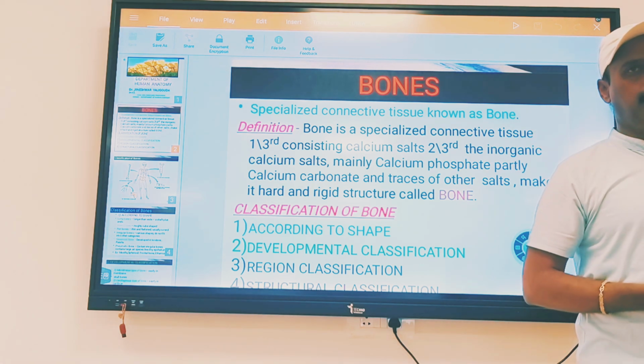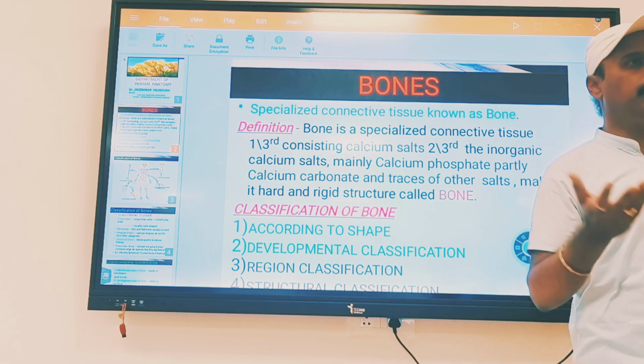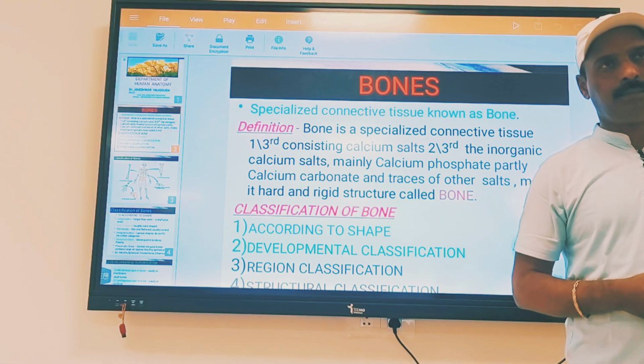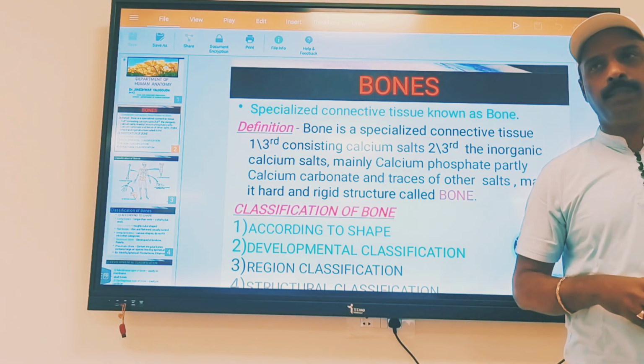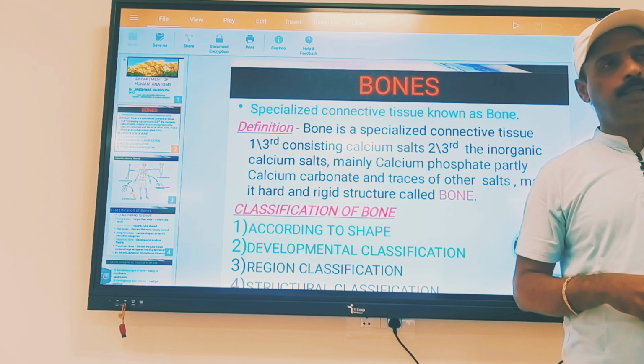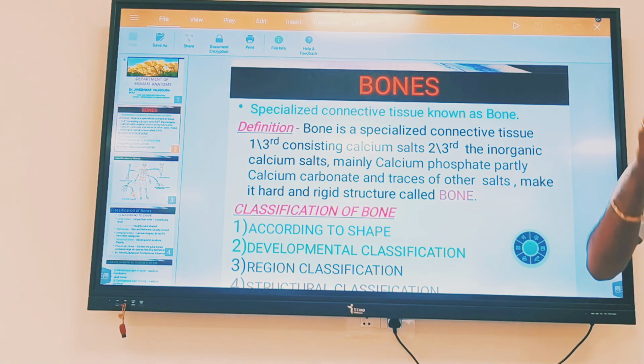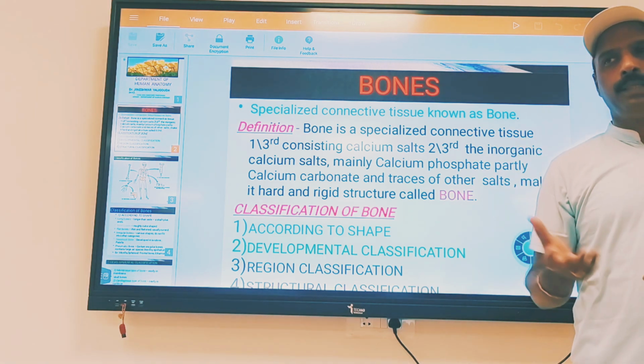Then developmental, according to the development, how the development process of the bone starts. According to that, one group we can make. Then according to the location of the bone, according to the area or the region where the bones are situated.